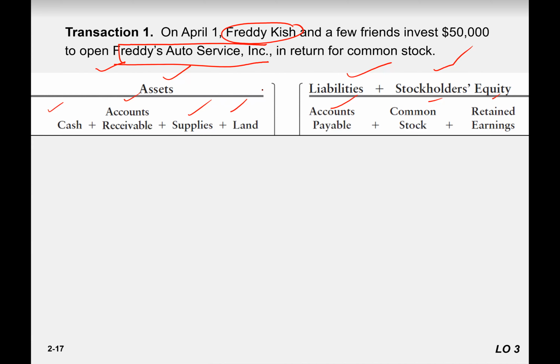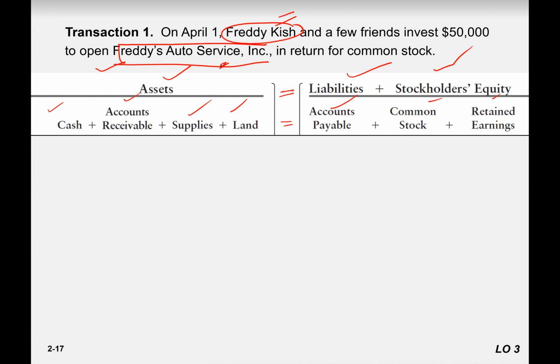This is the equation for Freddy's Auto Service Incorporation, not for Freddy Kish. So business assets equal liabilities plus owner's equity. It is implied that there is an equal sign here. So $50,000 is invested in the business, right?